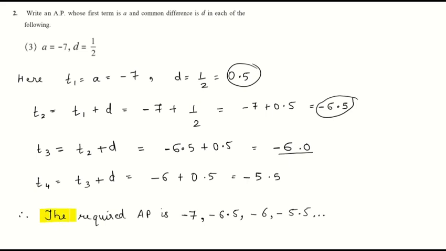Therefore, the required AP is minus 7, comma, minus 6.5, comma, minus 6, comma, minus 5.5.